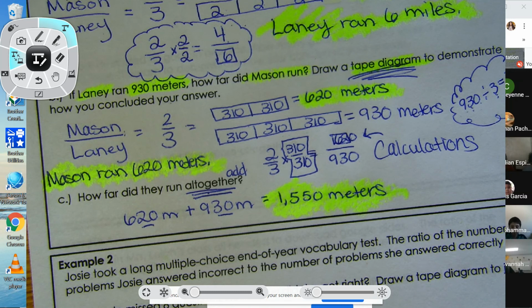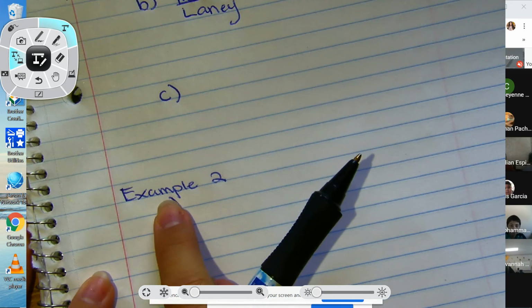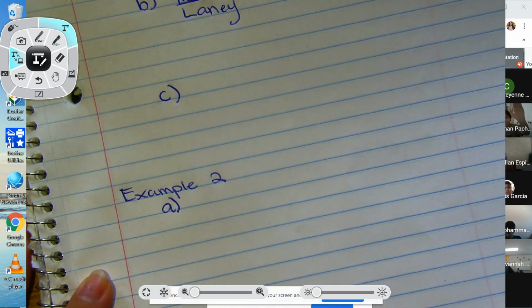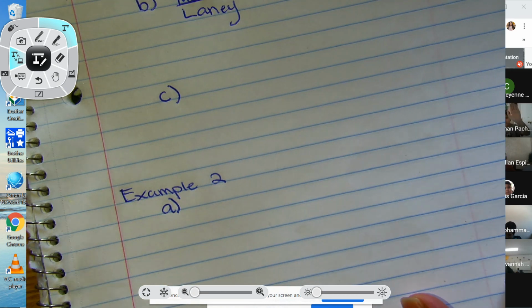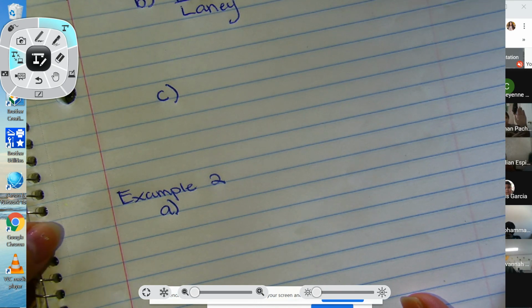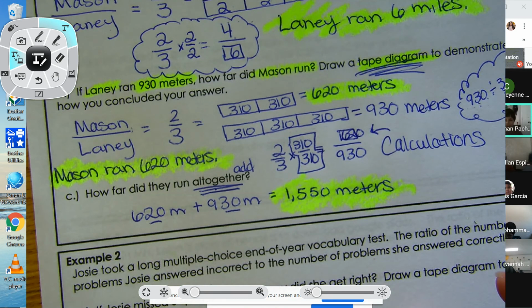Okay, in your notebook, go ahead and put example 2 and then put an A. Yes, go ahead, Ethan. I wasn't finished the last part.